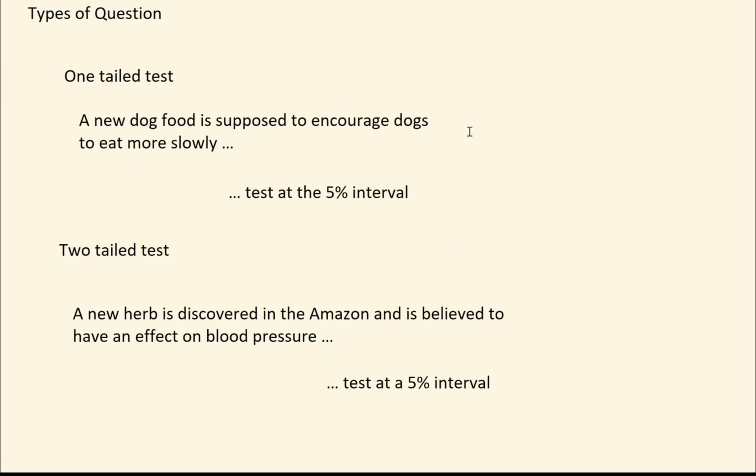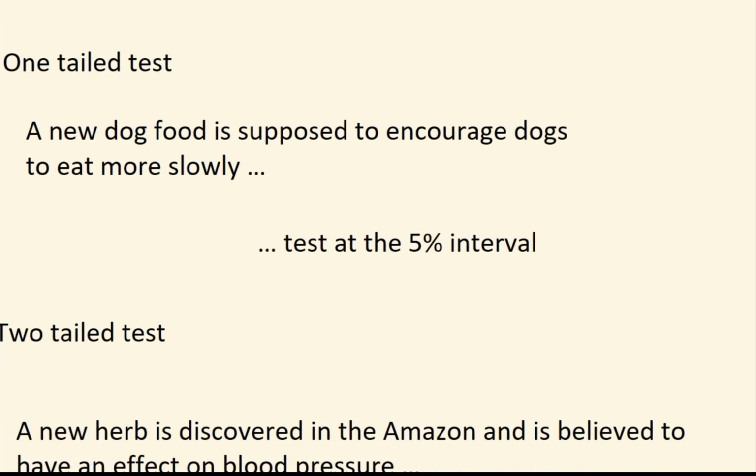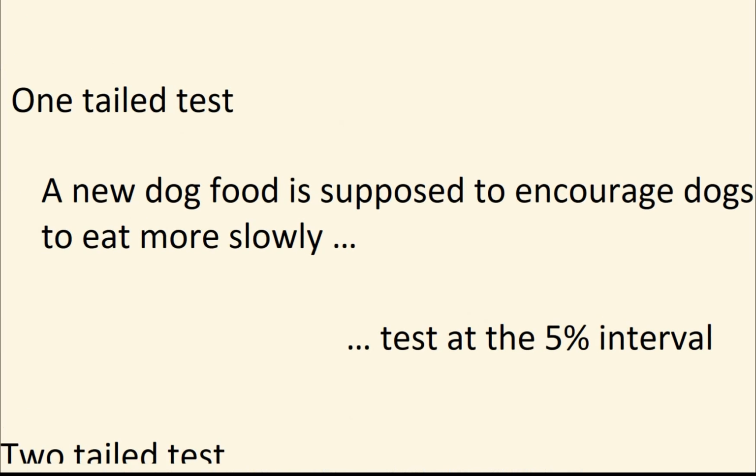Lastly, to explain, we have two types of question. We have a one-tailed test and a two-tailed test. These are normally telegraphed fairly well in the exam questions. I'll explain them both anyway. If you had a one-tailed test, we kind of know what to expect. So for my example here, a new dog food is supposed to encourage dogs to eat more slowly. Test at 5% error interval.